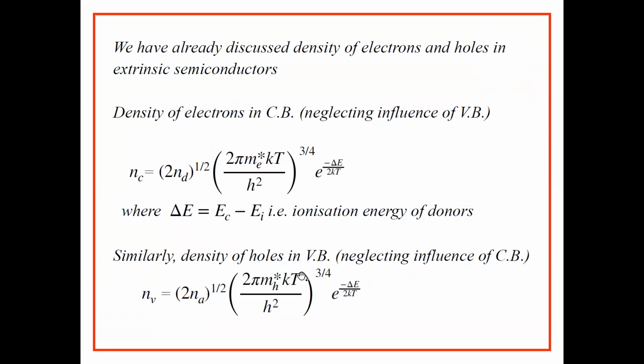Similarly, density of holes in valence band, by neglecting the influence of conduction band, is given by Nv equal to the square root of 2 Na, 2 pi mh star kT upon h square to the power 3 by 4, e to the power minus delta E upon 2 kT. Here me star and mh star are the effective masses of electrons and holes respectively.